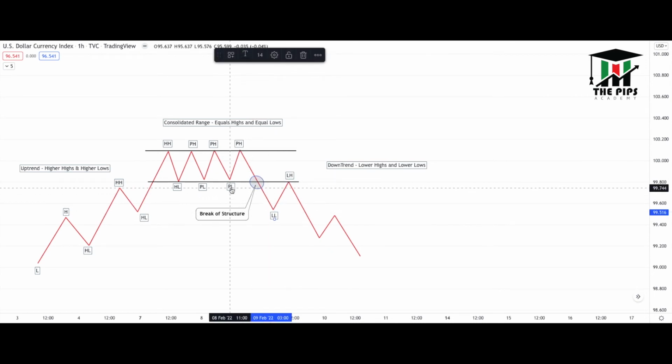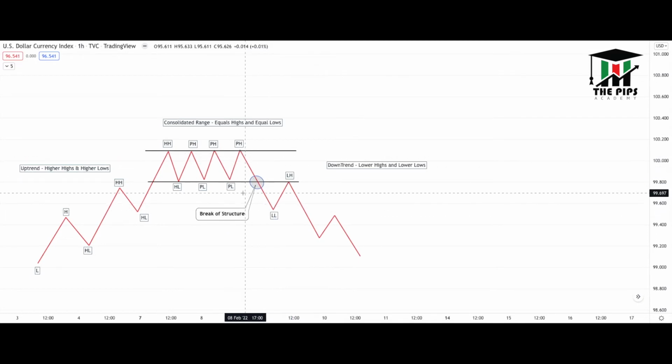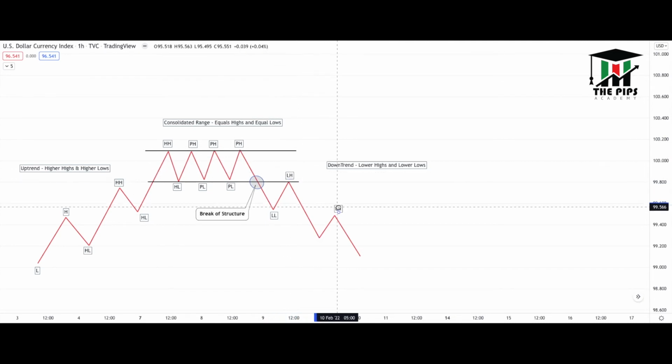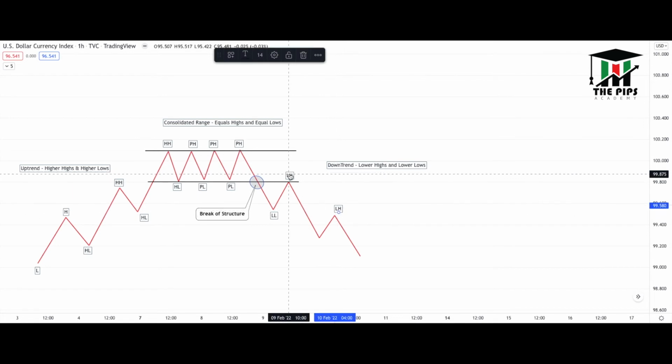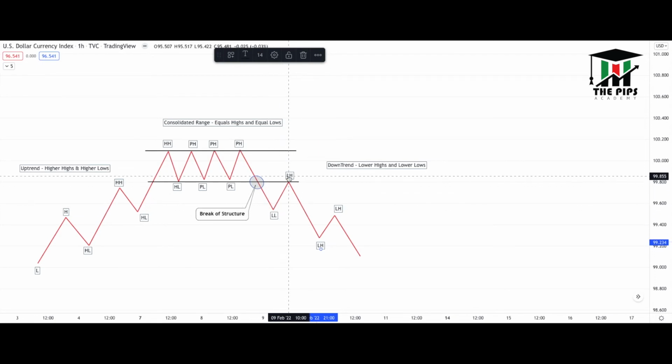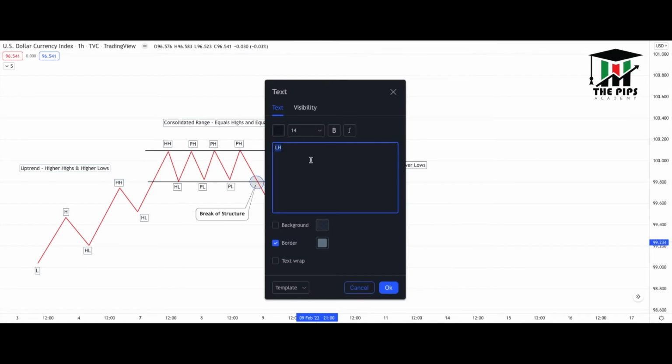I hope I didn't lose you guys on that. Once we break structure, we get a lower low because it broke the previous low. And then from the pullback or retracement, we get a lower high. So from here, we start producing lower highs and lower lows.